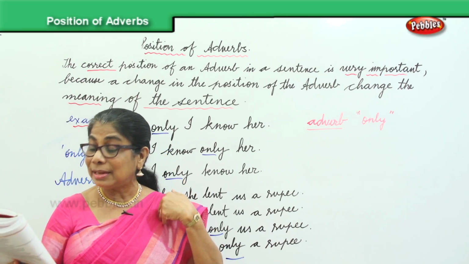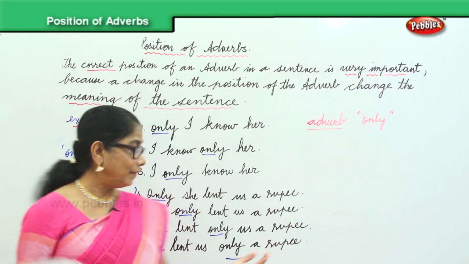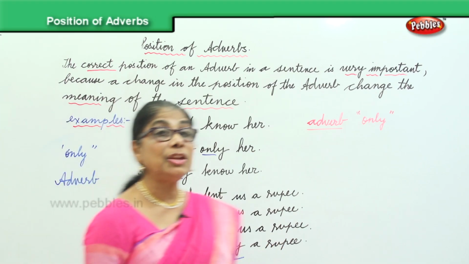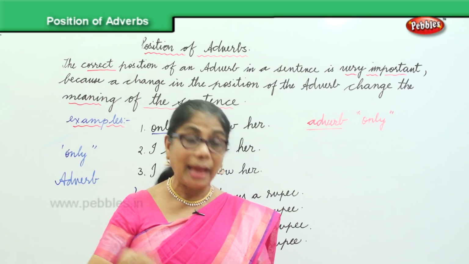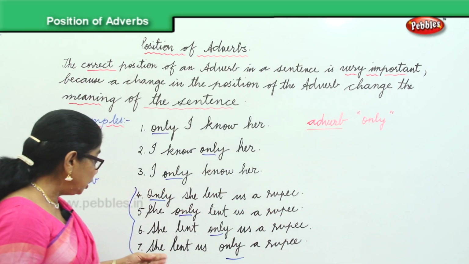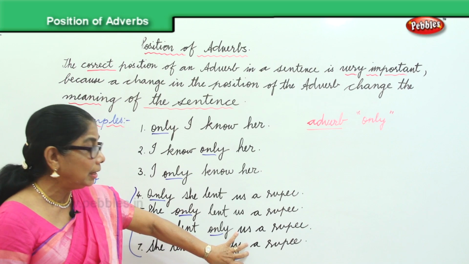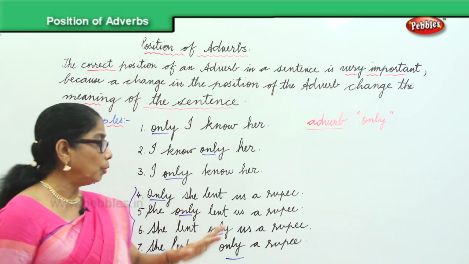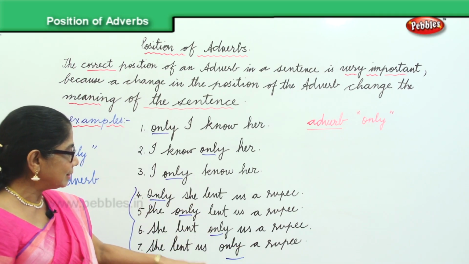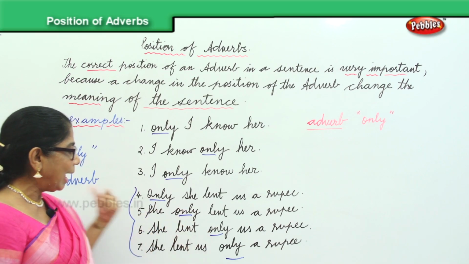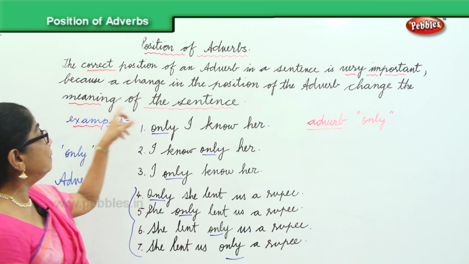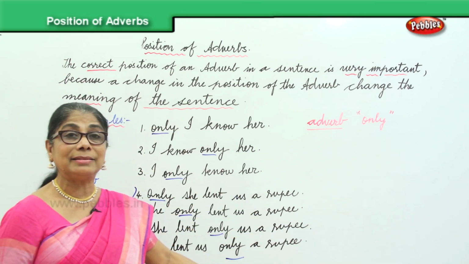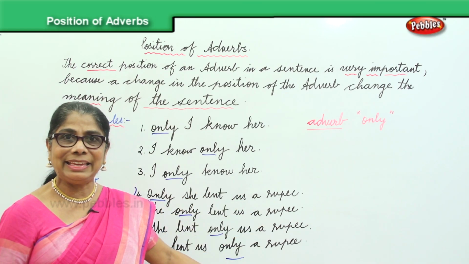That means to us and to nobody else. Finally, she lent us only a rupee: a rupee and nothing more. In all the 4 sentences, the positioning of the adverb only is different. Therefore, the meaning of each of the sentences varies.